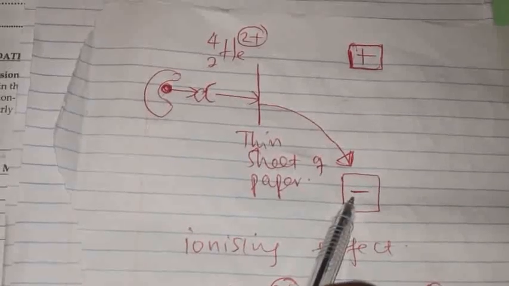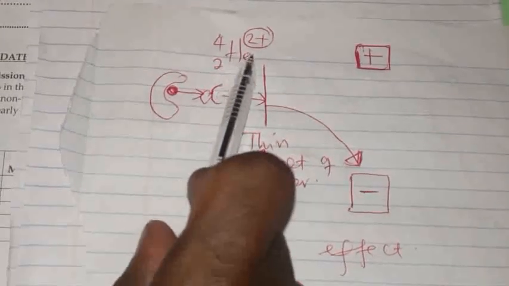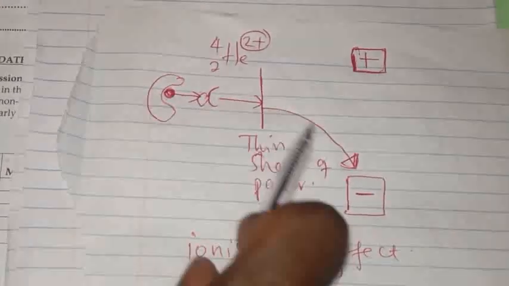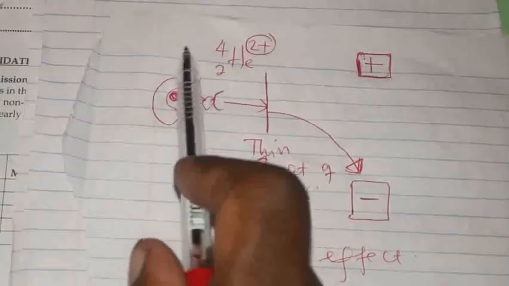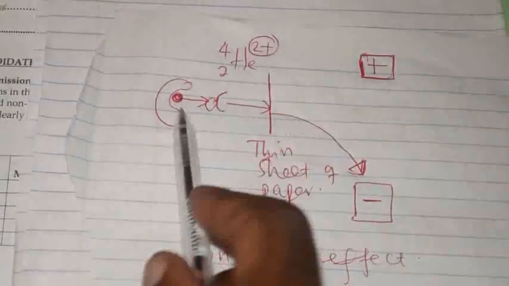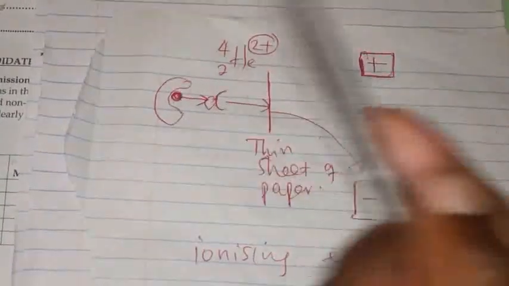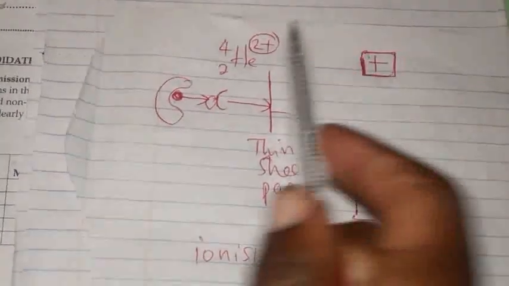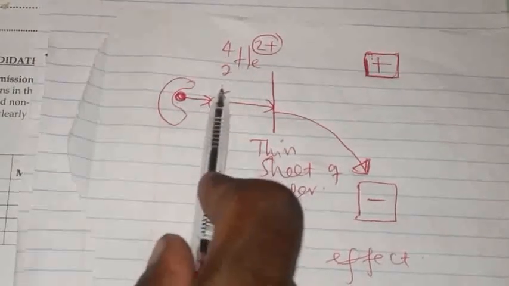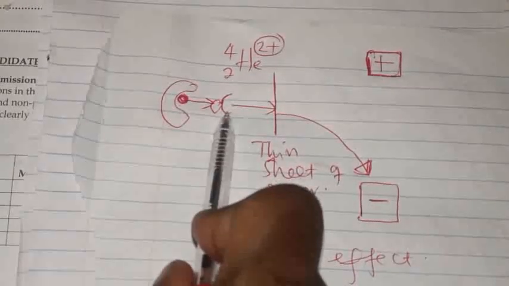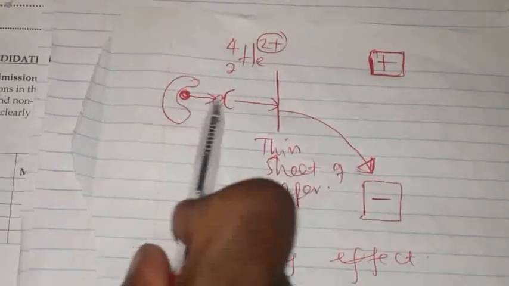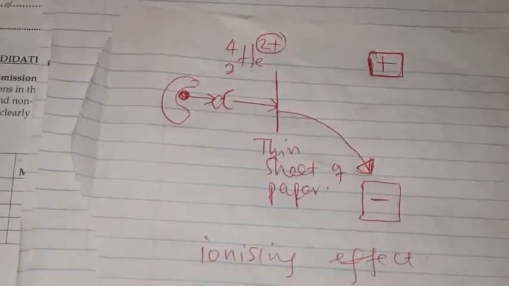Being heavy, it has a smaller deflection or attraction. It only covers a shorter distance in the air, a few centimeters. Why? Its heaviness makes it cover only a few centimeters in the air, and in that process, it gets blocked by a thin sheet of paper.